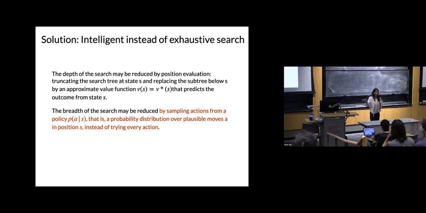You can prune what actions to check by having a policy over them that says, okay, this action has very low probability, it's really bad. Forget about that branch. Let's just focus on this set of actions in this particular state. As well as depth pruning: you land in a state, you're like, okay, this is horrible. For sure, I'm going to lose from now on. Let's not explore alternatives beyond that particular leaf node. So you can essentially prune the breadth of the search and the depth of the search. And the person that prunes the best wins.